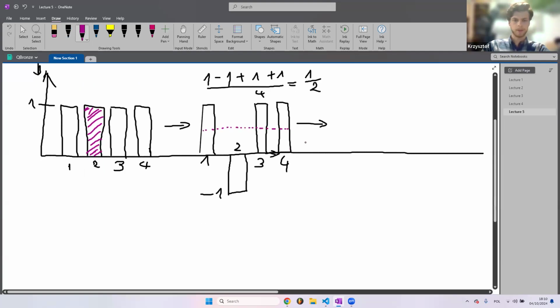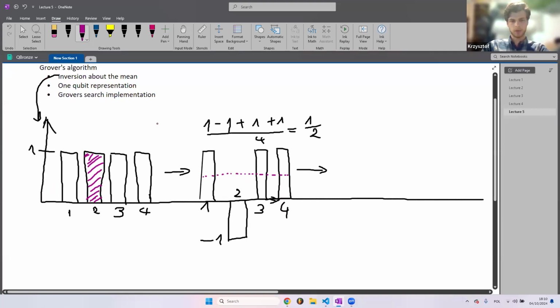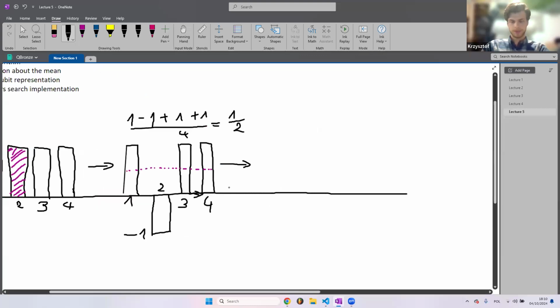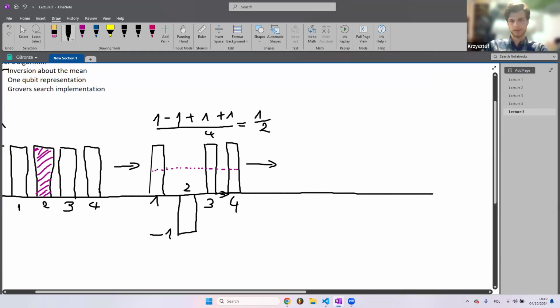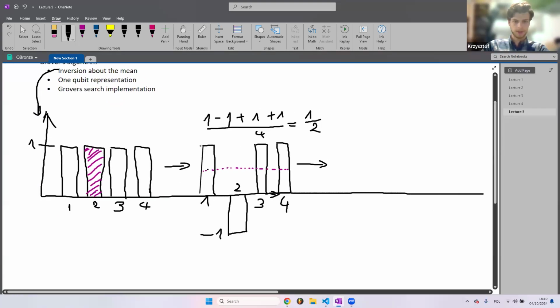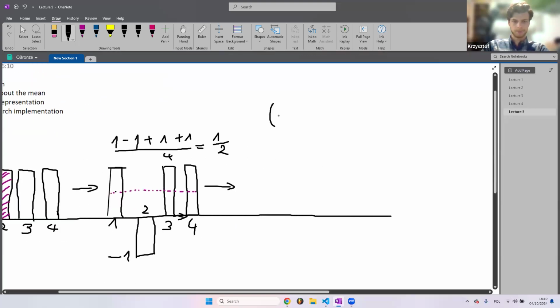Okay, so now we will flip the value of each element by the mean. So if we have here the value of 1, then the inversion about the mean will become 0, because we take the value of x and then subtract the distance from the mean.